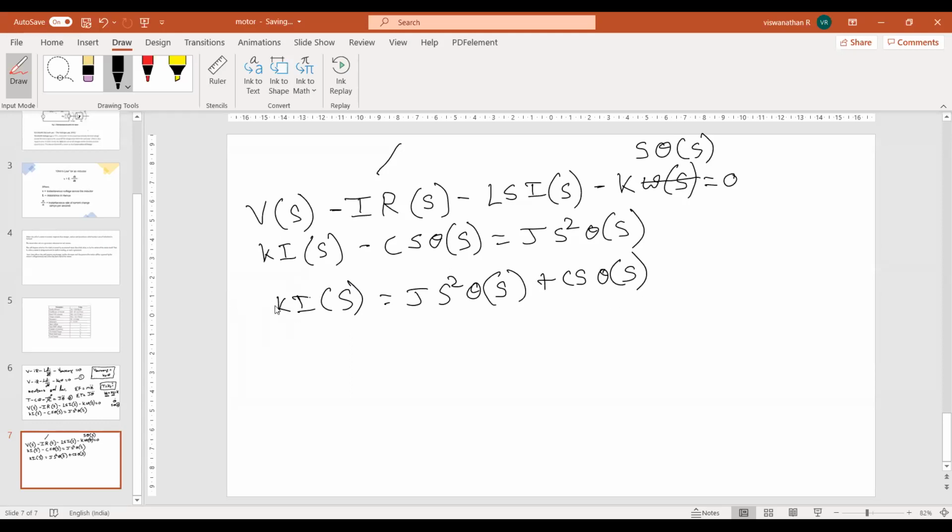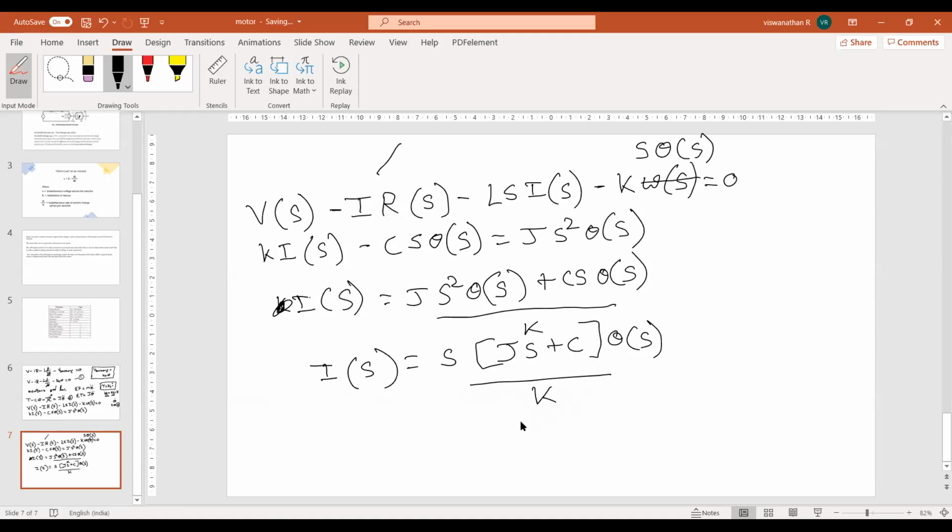Now if I put k down, I of s is equal to j s square theta of s plus cs theta of s by k. I of s can be written as, taking s common, js plus c multiplied by theta of s, divided by k.